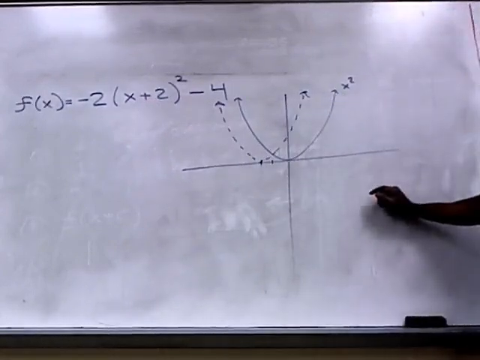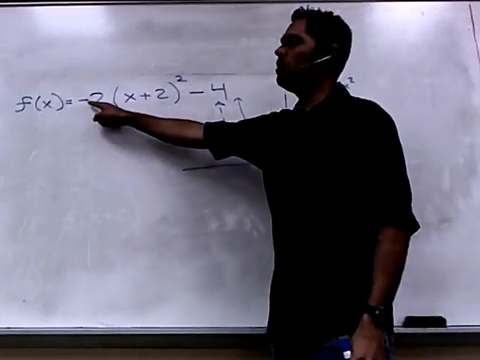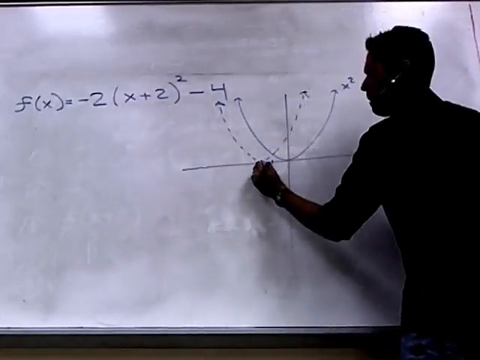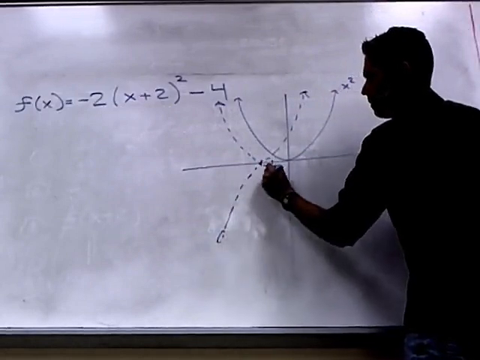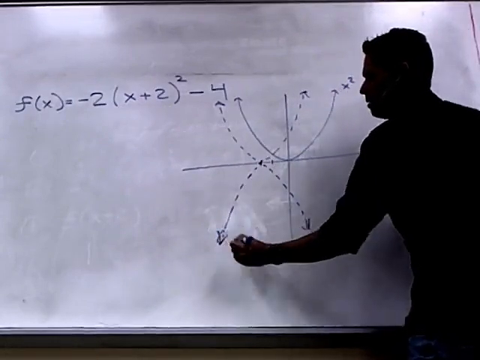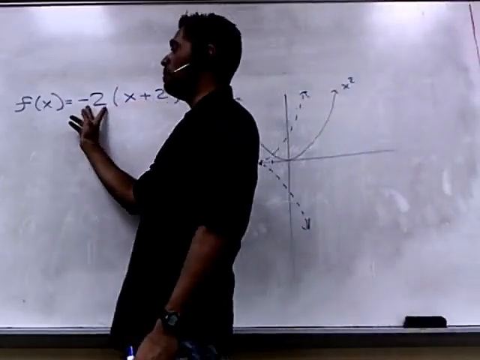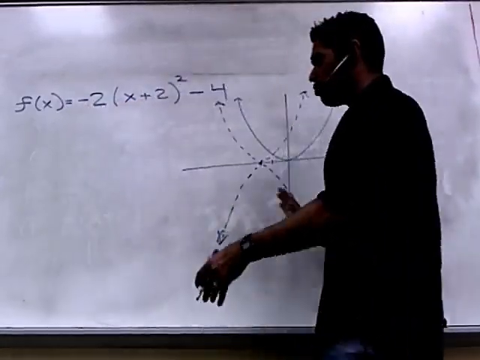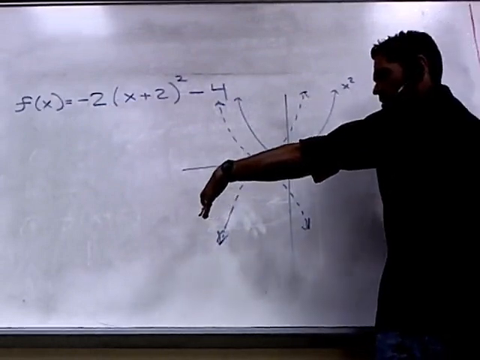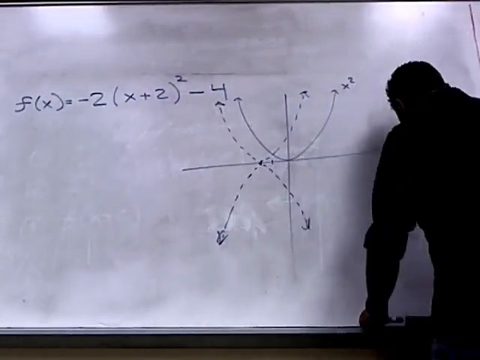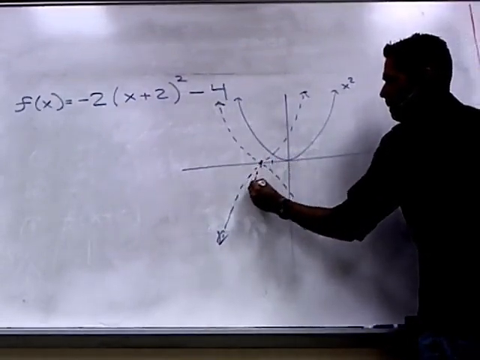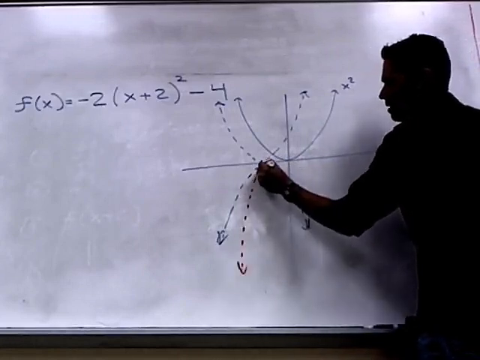Now, flip it over because of the negative, like that. Then, because if you take the absolute value of -2, it's bigger than 1, I'm going to shrink it horizontally, which is going to make it more narrow, isn't it? I'll do a different color here. I'm going to really exaggerate that.